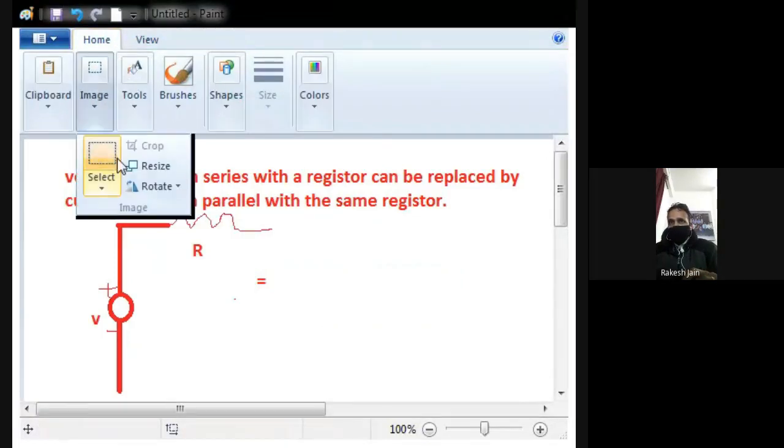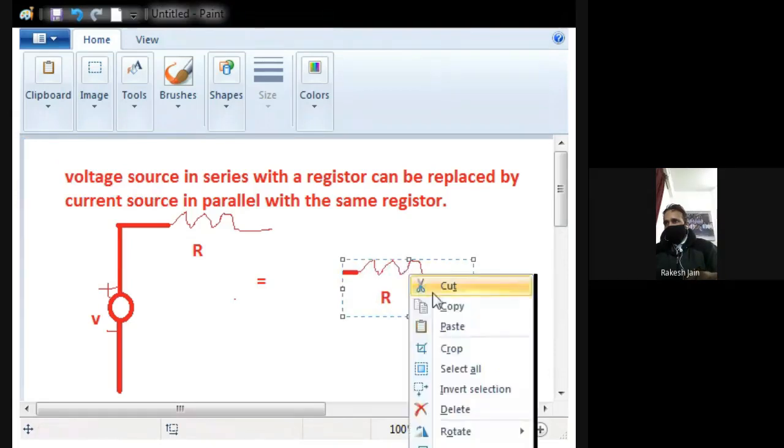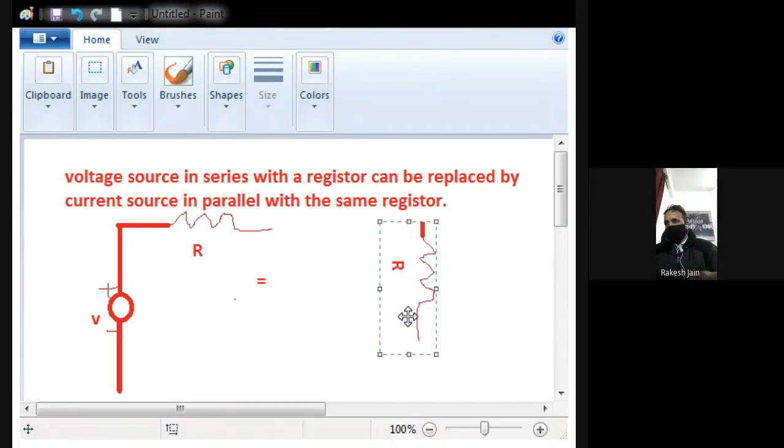The same resistance will be as it is. The value of the resistance is R, so here also it is R, but in parallel form. The resistor which was in series is now in parallel.